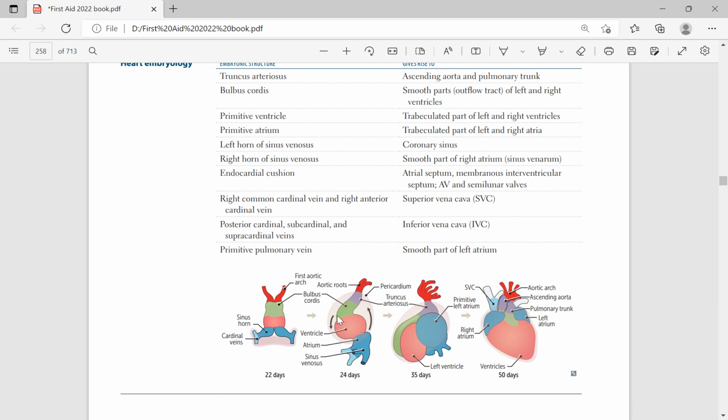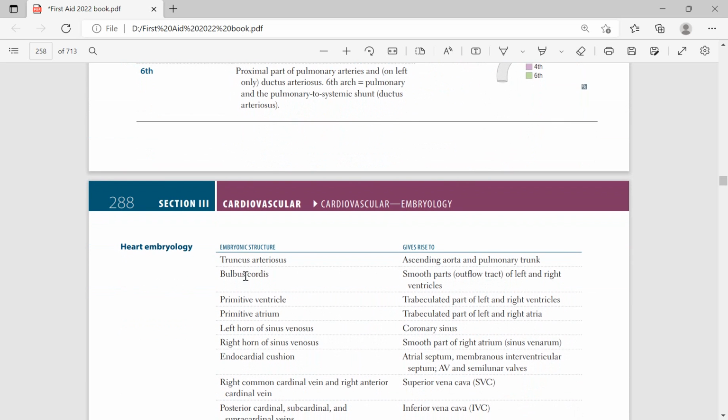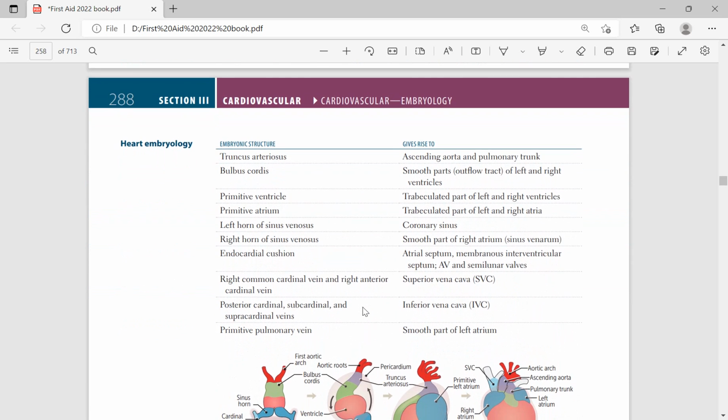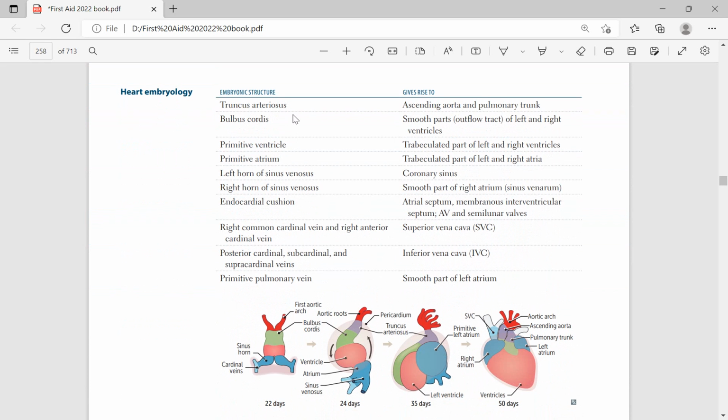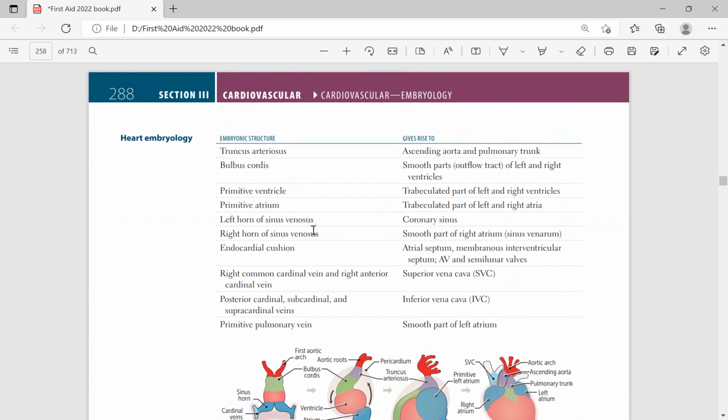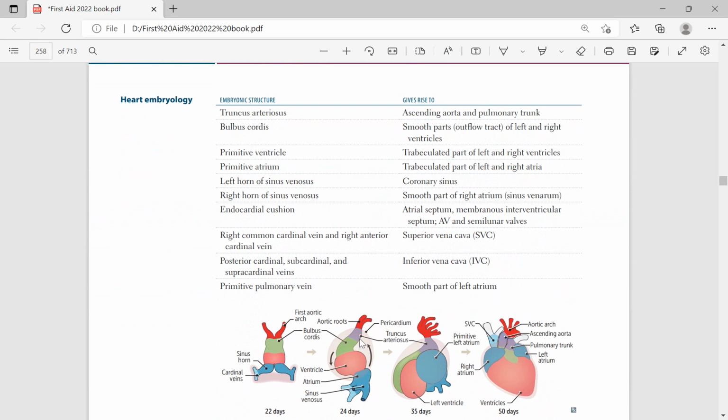In the embryo, neural crest cell migration occurs in the truncal and bulbar ridge. The truncus arteriosus gives rise to the ascending aorta and pulmonary trunk, and the bulbus cordis gives rise to the smooth part of the left and right ventricle. Remember, the pulmonary trunk arises from the right ventricle and the ascending aorta arises from the left ventricle.